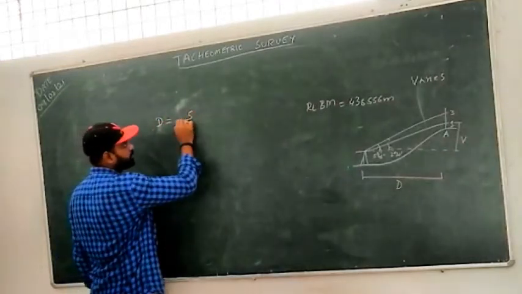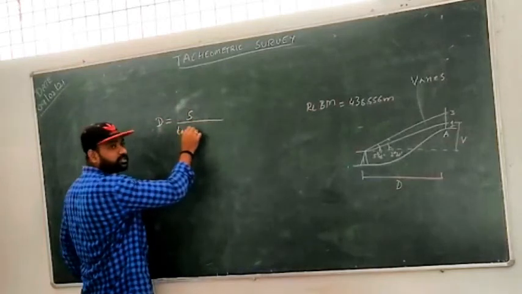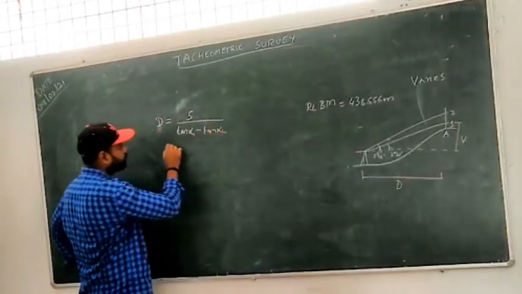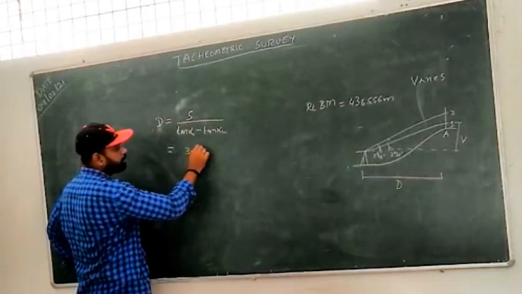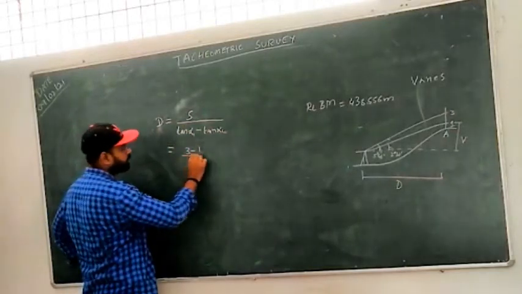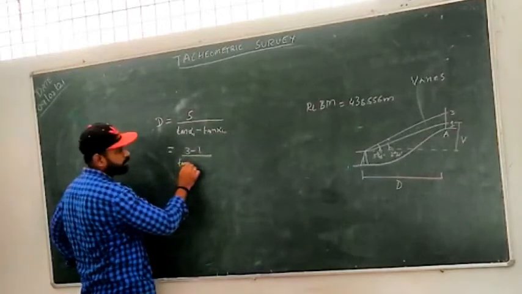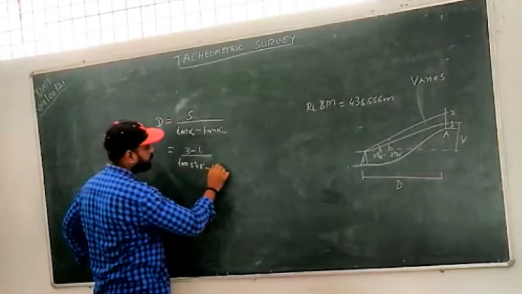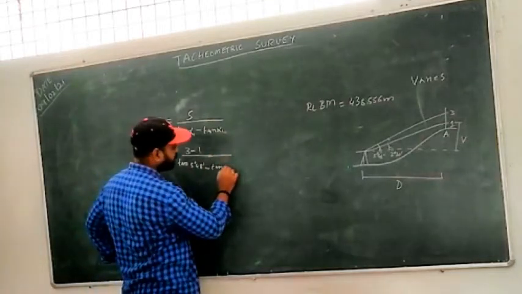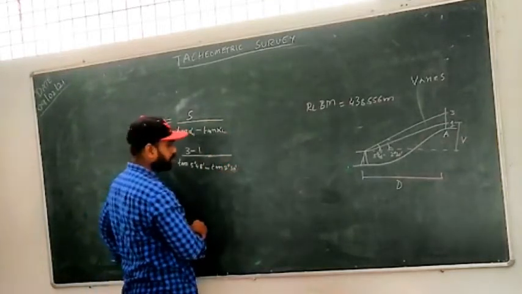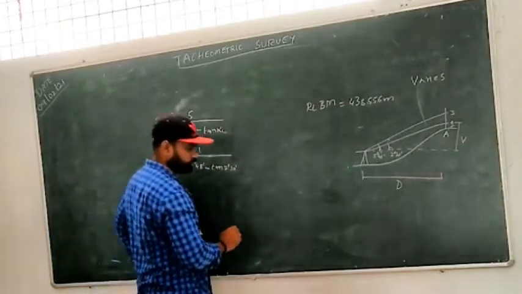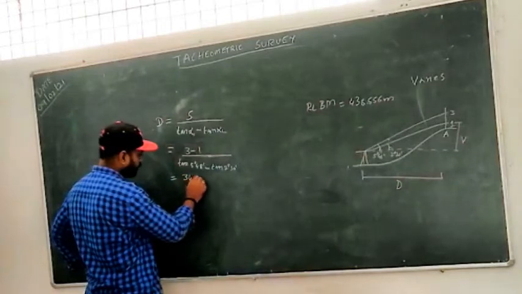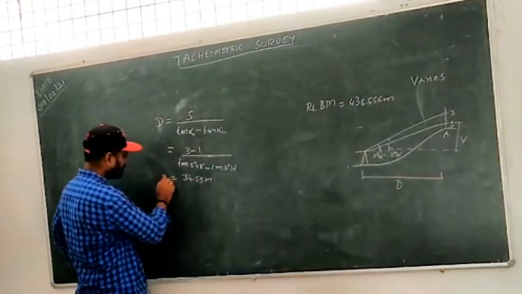D is equal to S divided by tan alpha 1 minus tan alpha 2, where S is equal to 3 minus 1, divided by tan alpha 1 is 5 degree 48 minute minus tan alpha 2, that is 2 degree 30 minutes. Okay. So how much? 34.53. Yes, 34.53 meters. So this is D.